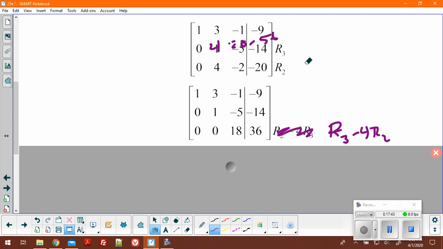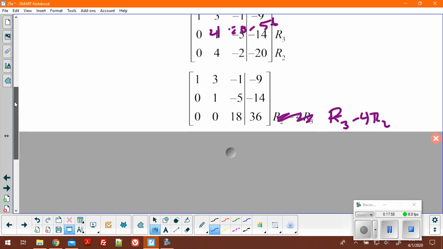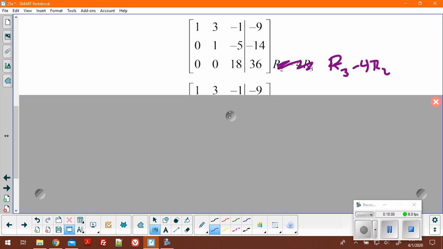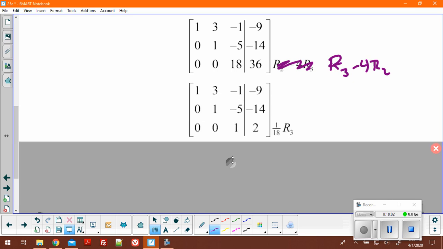So I would have had, it says row 3 minus 4 row 2, so 4 minus 4, 0. -2 minus -20 is positive 18. -20 minus -56 is 36. Okay, now I can solve for z by dividing both sides by 18.